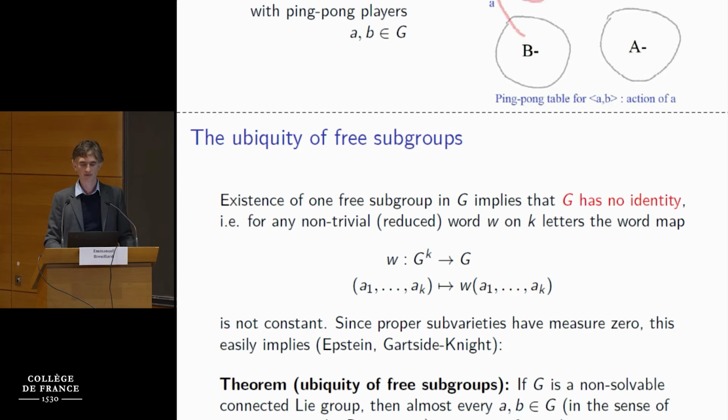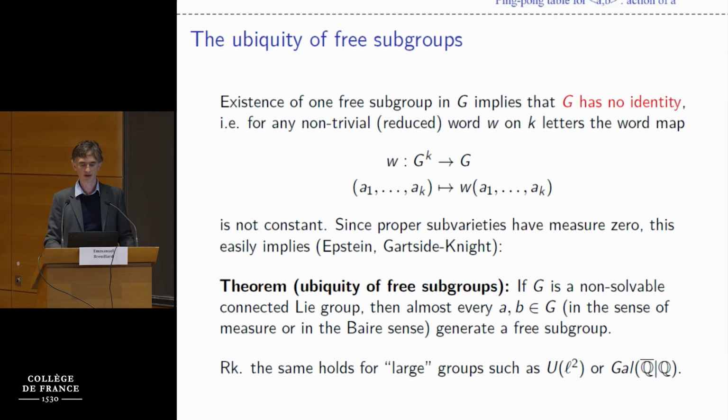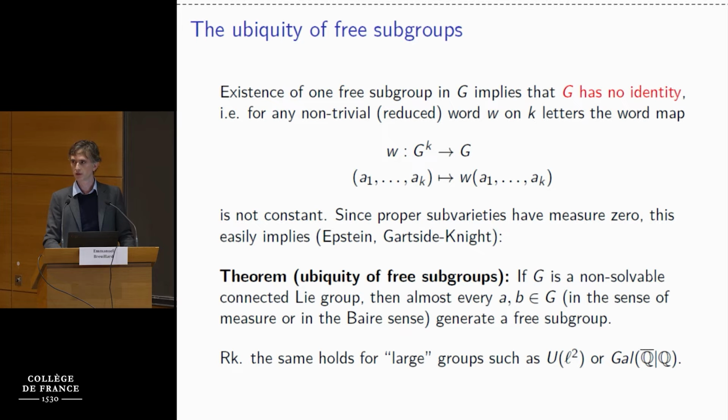So once you have a free group, there is something very simple you could do to generate many free subgroups. If you have one free group in your group G, this already means that your group has an interesting property, that it has no identity. So there is no word W with a property that it vanishes on all A, B in the group.